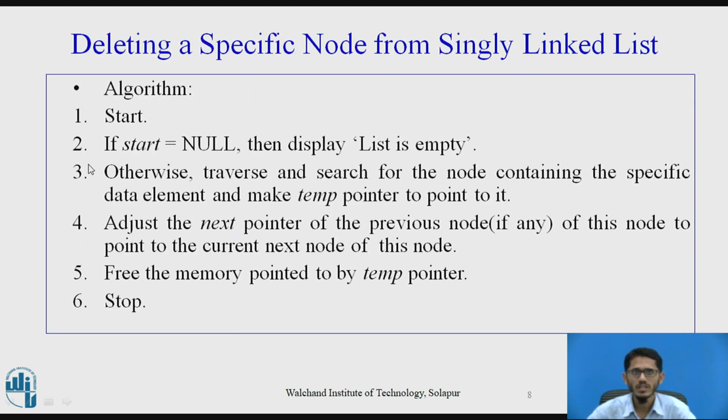We are going to first of all start our algorithm by checking the value of the start pointer, whether it is equal to null. If it is equal to null, then in that case we are going to display that the list is empty.